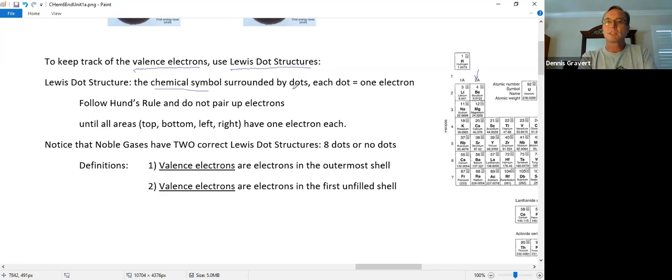And then we're going to represent the valence electrons using dots. Each dot means 1 electron. And follow Hund's rule. As you start adding more valence electrons, don't pair them up immediately. Spread them out. And on a Lewis dot structure, the places where you can put dots, where you can put electrons, are left and right and up and down.